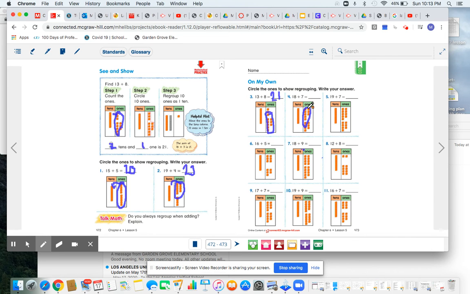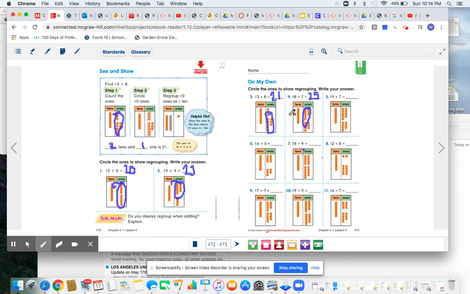And then I'm just going to make sure I count my ones. 1, 2, 3, 4, 5. So I have 5 ones. And then I have 1, 2. I have 2 tens.